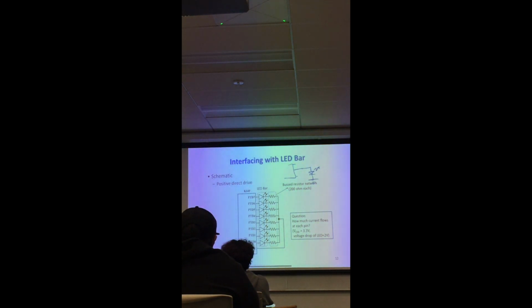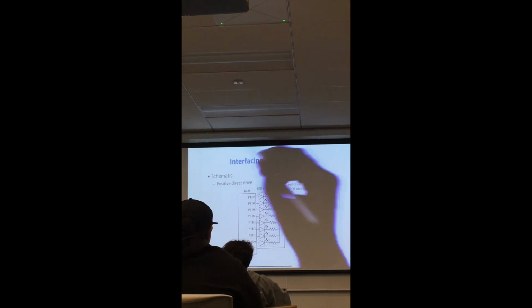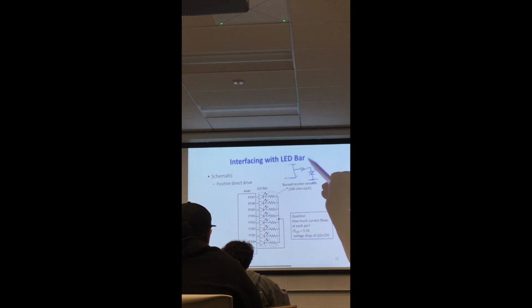Okay, so, another question if I may ask. You add a resistor here, 10K. And then you enable its internal resistance, which is also 10K.